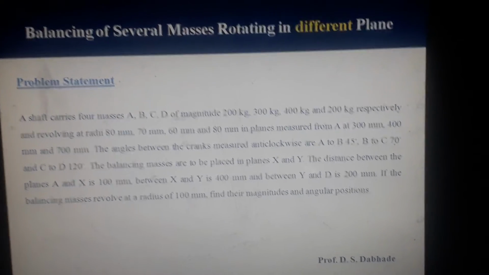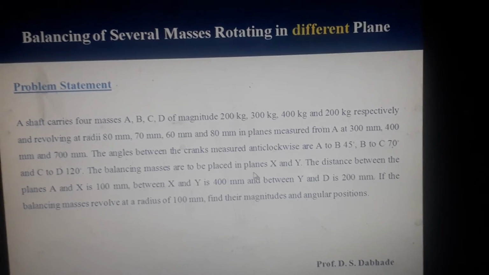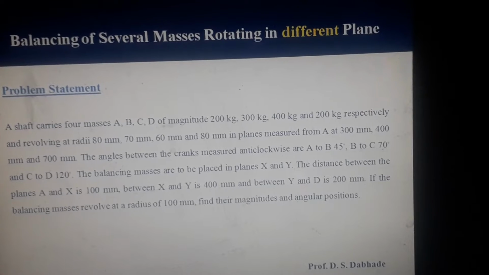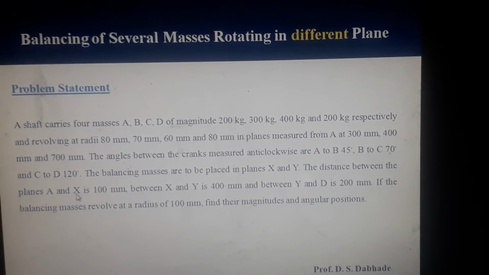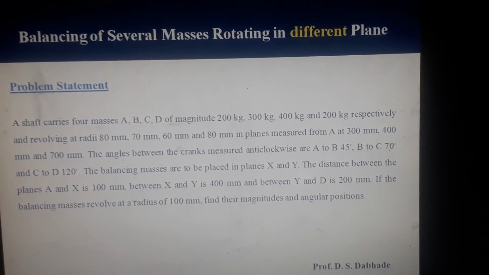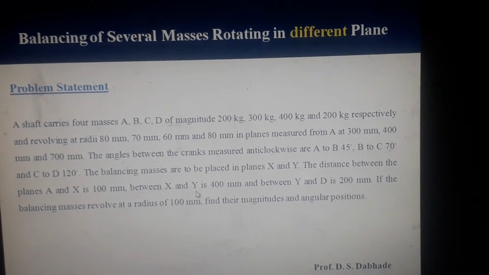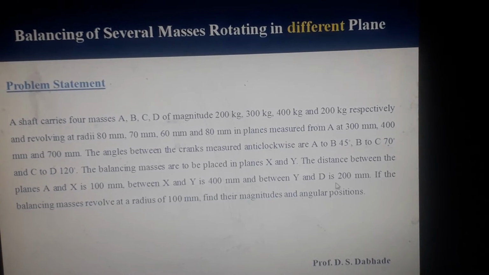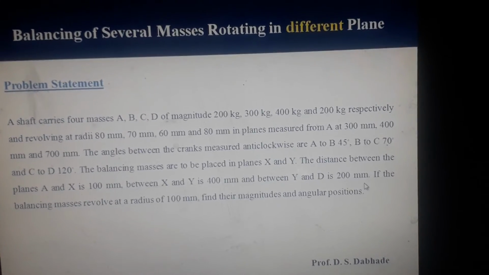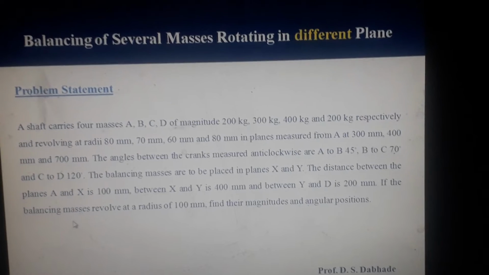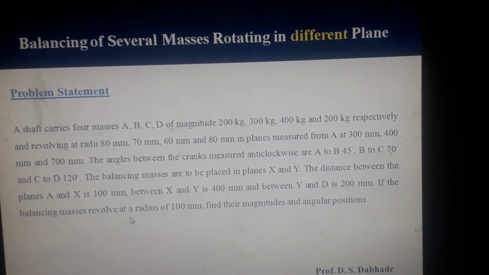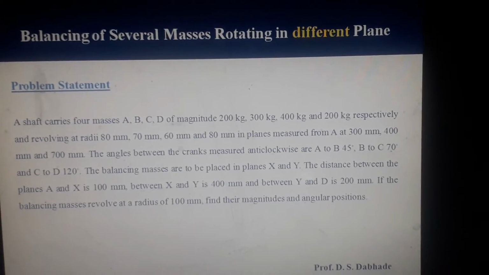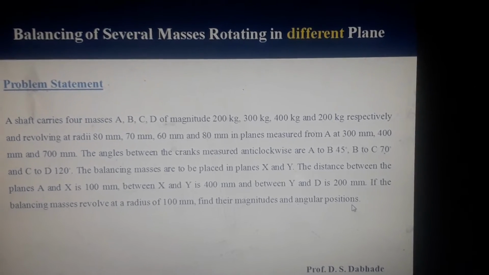The balancing masses are to be placed in planes X and Y. The distance between the planes A and X is 100 mm, between X and Y is 400 mm and between Y and D is 200 mm. If the balancing masses revolve at a radius of 100 mm, find their magnitudes and the angular positions.